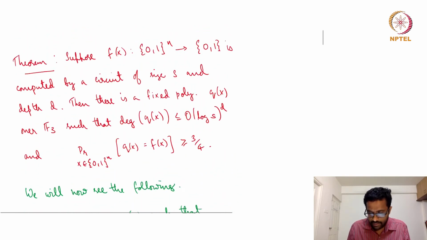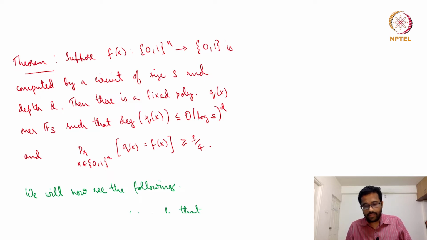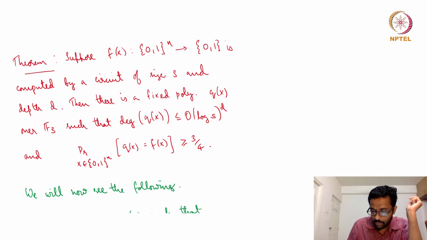And what we are saying here is that for any function that is computed by a size s and depth d circuit, there is a polynomial that agrees with it with degree at most (log s) to the power d.